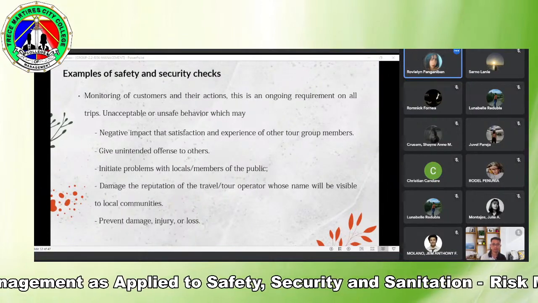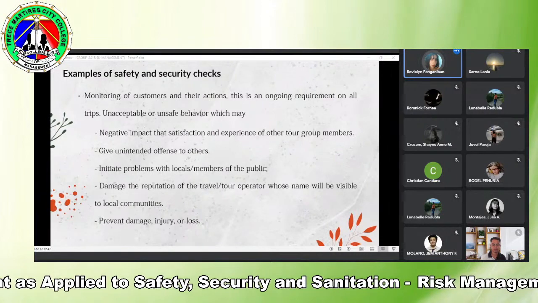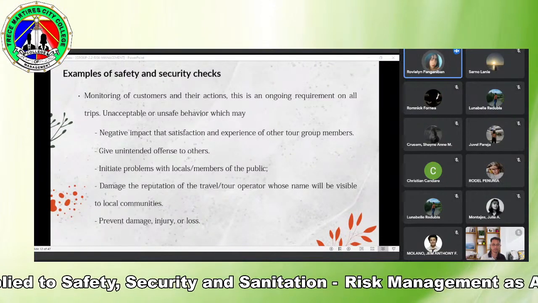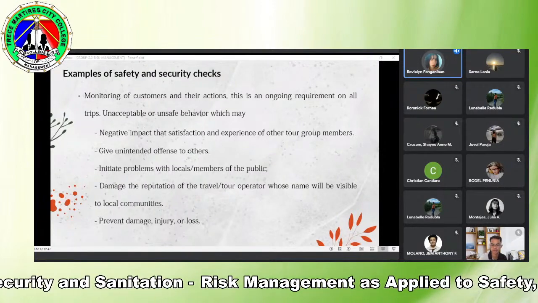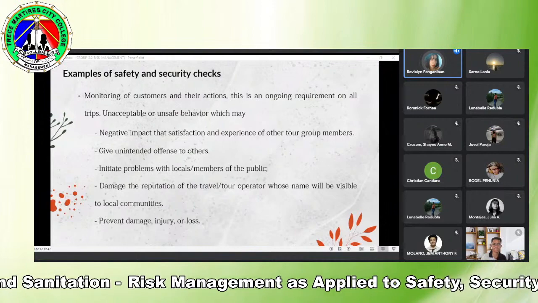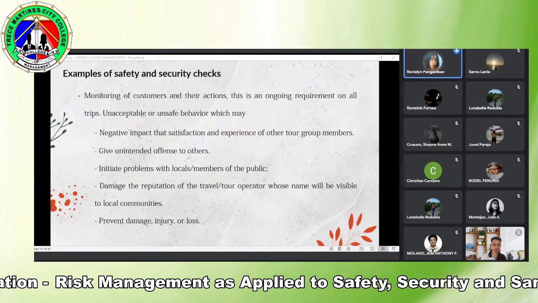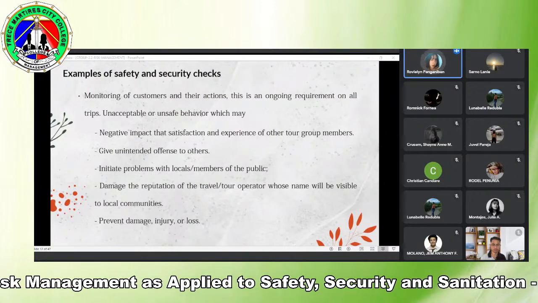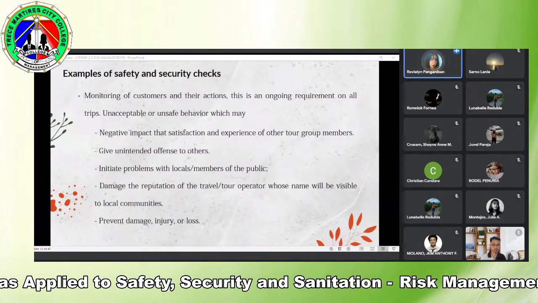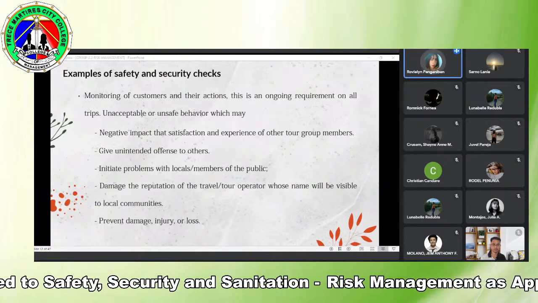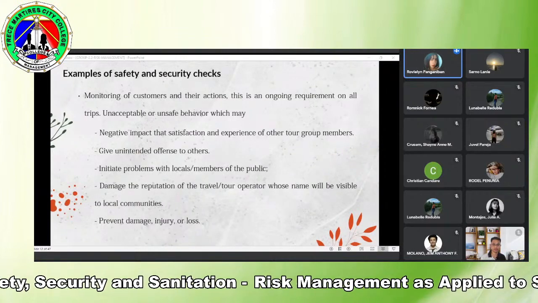Next is give unintended offense to others. Next one is initiate problems with local members of the public, damage the reputation of the travel tour operator whose name will be visible to local communities, prevent damage, injury, or loss.